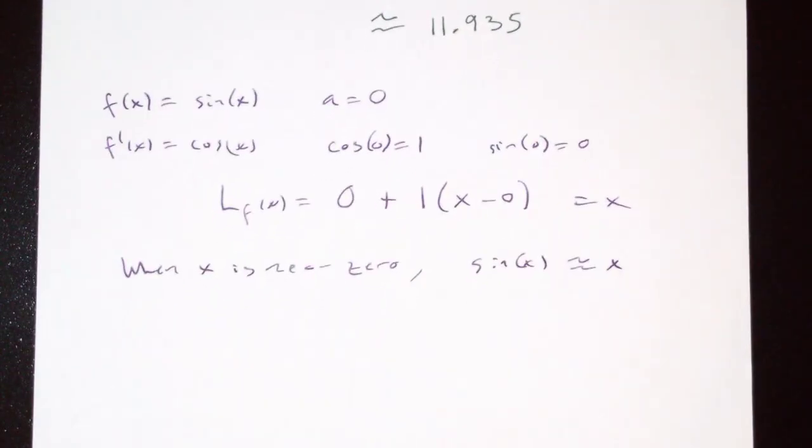Now, I can actually claim that I already knew that. Why do I claim I already knew that? It's because way back in chapter 2, when we first started talking about limits, we took the limit of sine x divided by x, didn't we? And we got 1. If sine x over x is roughly 1, then sine x is roughly the same as x.